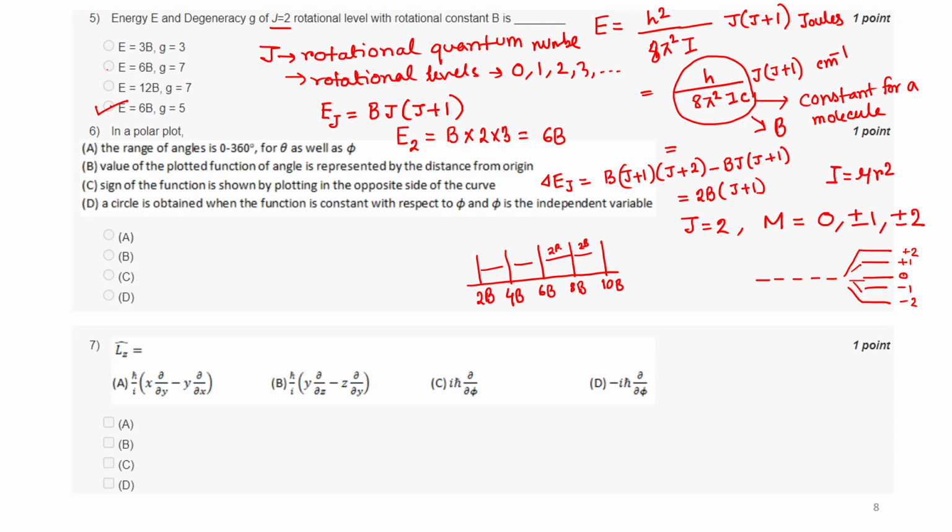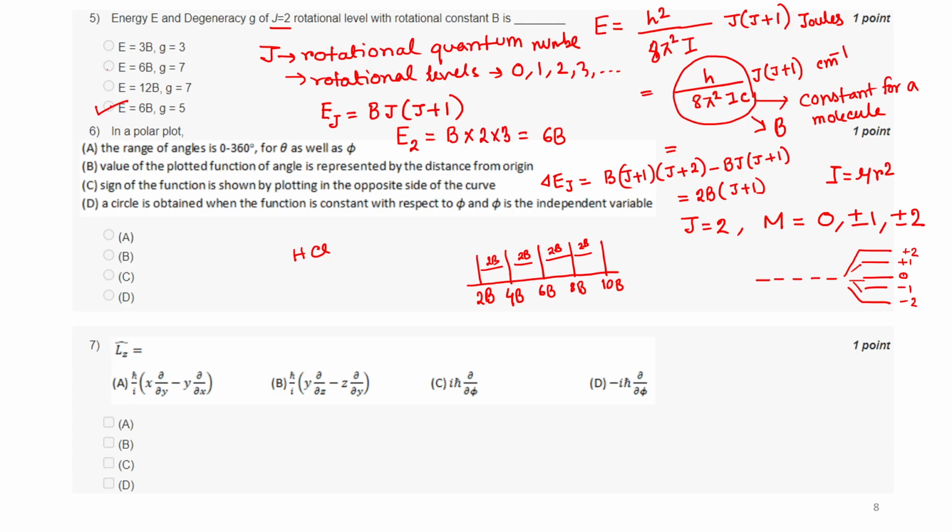So if you can record your spectra, suppose you know your molecule, suppose it is HCl. First of all, let me tell you, for a homodiatomic molecule like oxygen or nitrogen, you won't be able to get the spectra, because their dipole moment is 0.